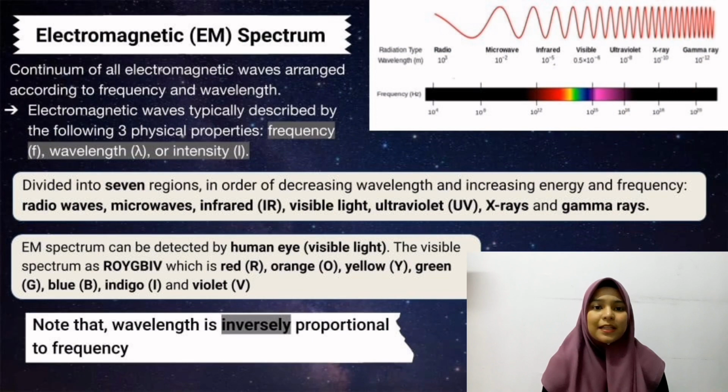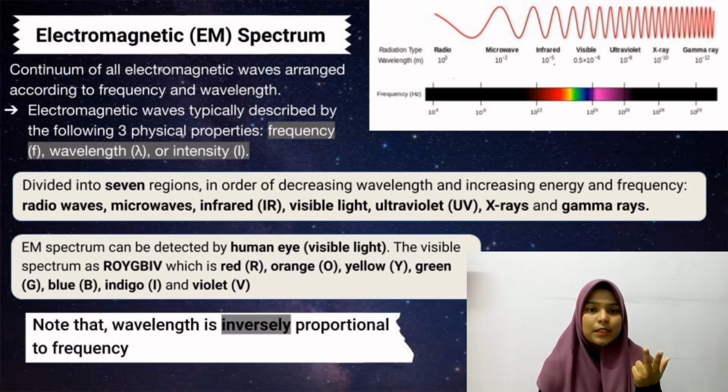The electromagnetic spectrum is a continuum of all electromagnetic waves arranged according to frequency and wavelength. The entire range of wavelengths of light is known as the EM spectrum. EM waves are typically described by three physical properties: frequency, wavelength, and intensity.